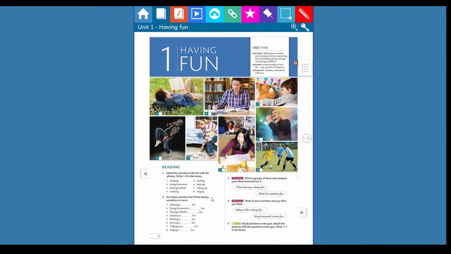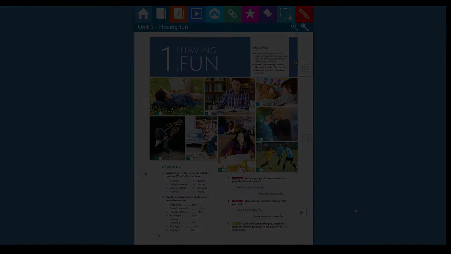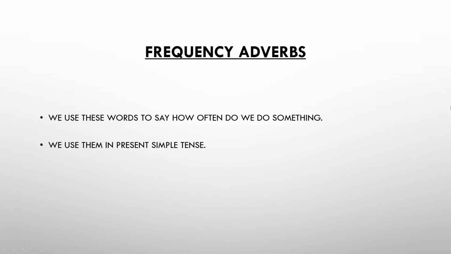Now, before we start the second activity, I'm going to explain to you the use of the frequency adverbs, okay? And then we can go back to the activities in the book. Okay, frequency adverbs.